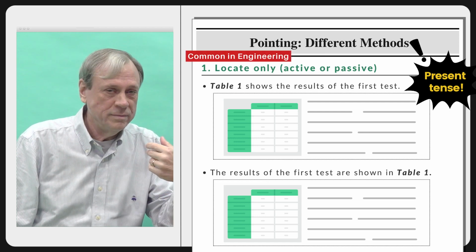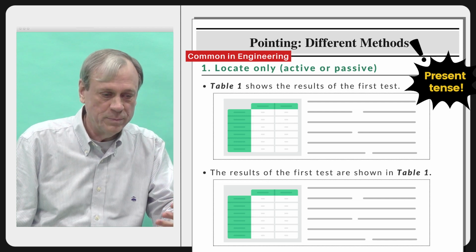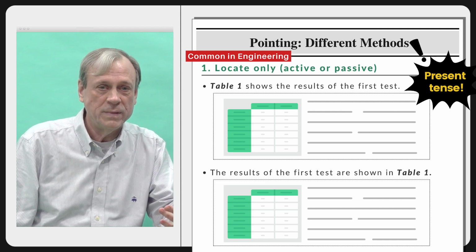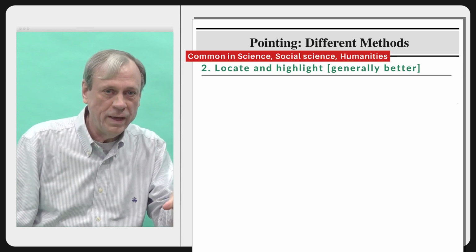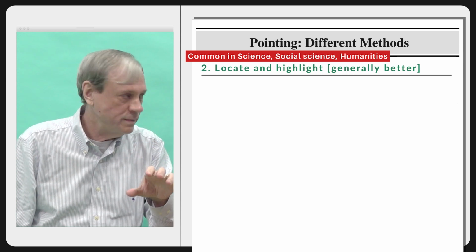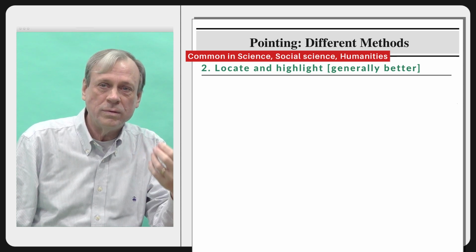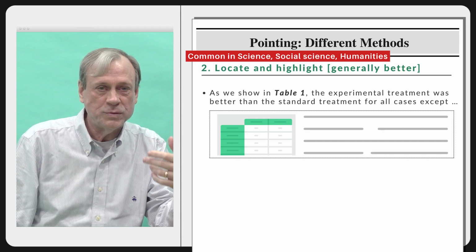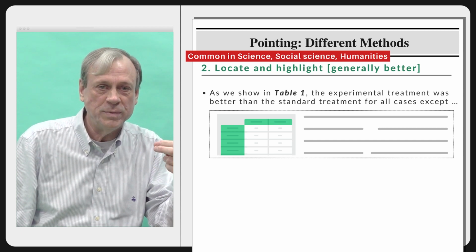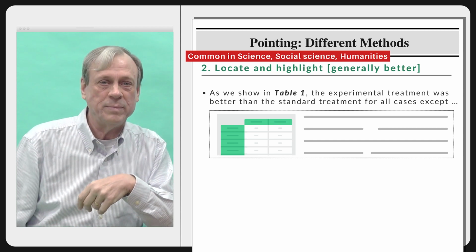In engineering, it's very common to simply point to a table. But in most fields, they prefer that you point to it, you locate it, and you also highlight something about it. So you point out that, as we show in table 1, the experimental treatment is better than the standard treatment for all cases except.